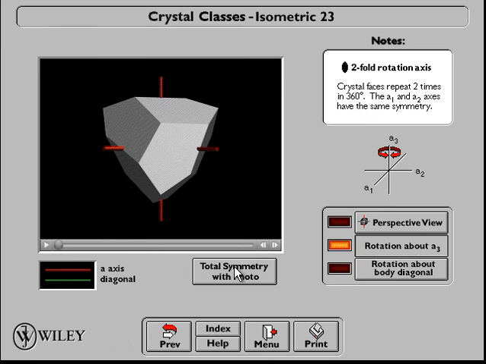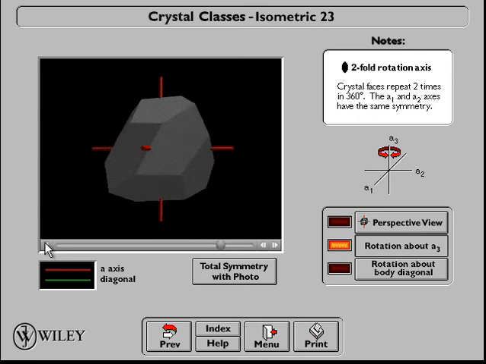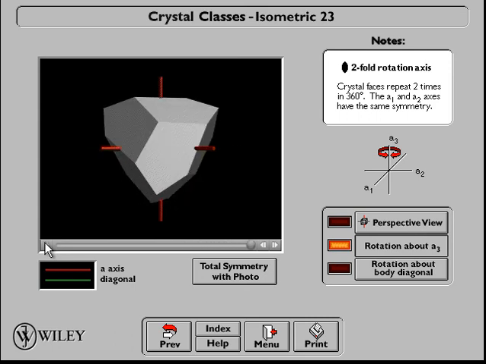Now we are continuing here, turning this, and we can repeat our crystal 2 times in 360 degrees, not 3 times as I just told you, because here we are dealing with a twofold rotation axis.